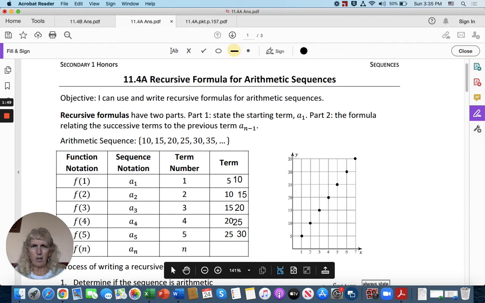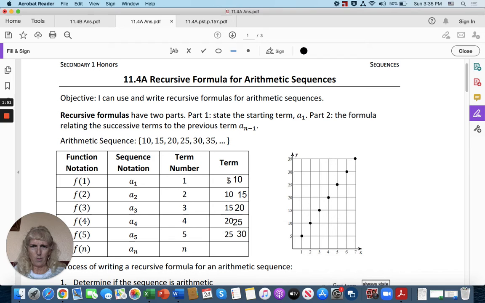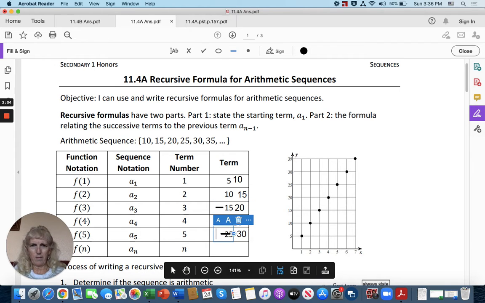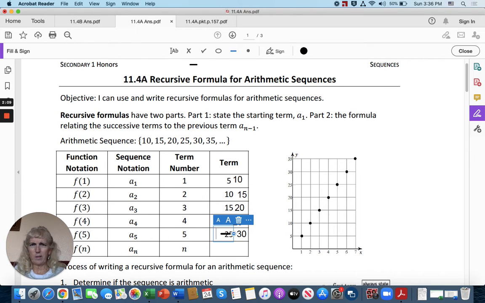I'm trying to make sure I know how to do this. You want to block out the 5, the 10, the 15, the 20, and the 25. I thought that would block it out, and it did not.